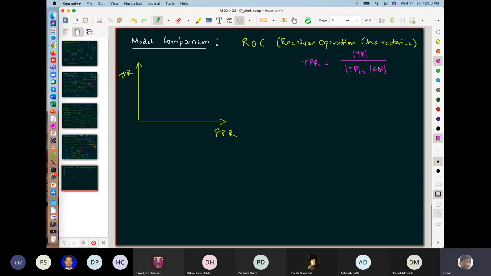So how many of them are true positives? As you can see, this is nothing but our recall. And the false positive ratio, if you do the same thing, is the ratio of how many false positives I make among all the negative cases, so that means how many true positives are there.